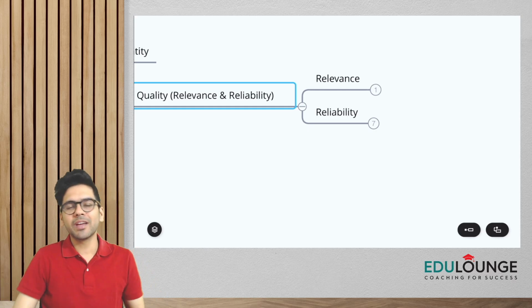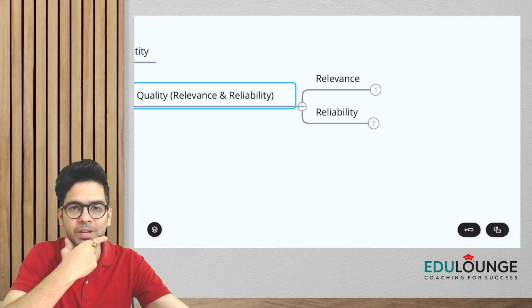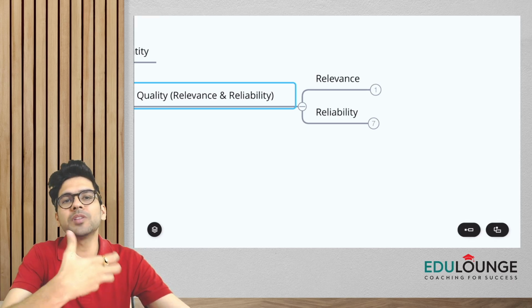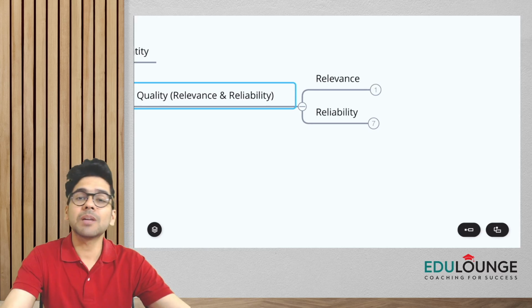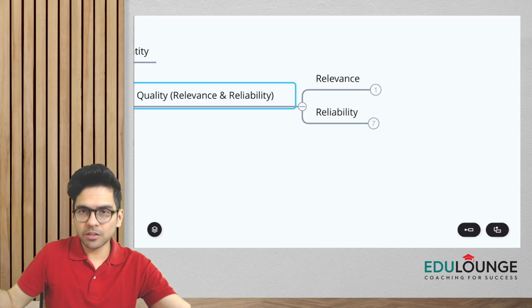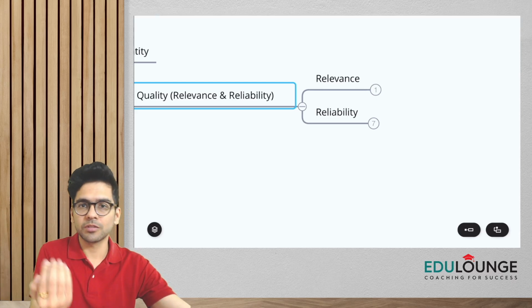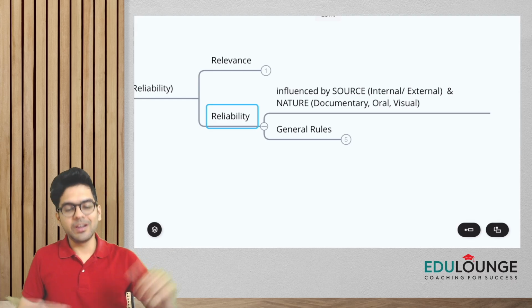For example, let's say I'm looking at the sales of a company, and the company is showing me a sales invoice. Yes, it's a valid document, but more than that, if you see something which has been externally generated, let's say the party who has purchased the goods has given us a purchase order, that is going to be more reliable. So we are going to learn certain rules about reliability.